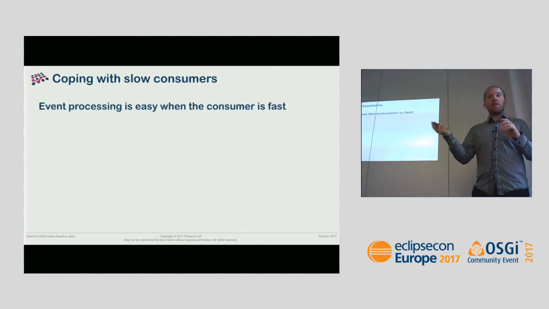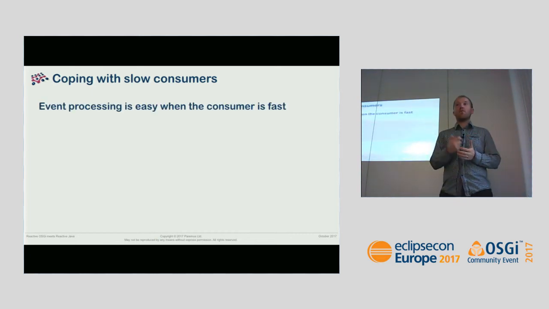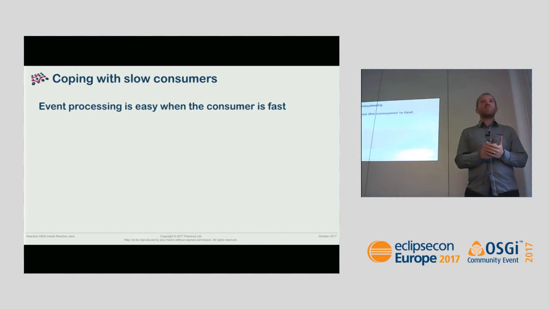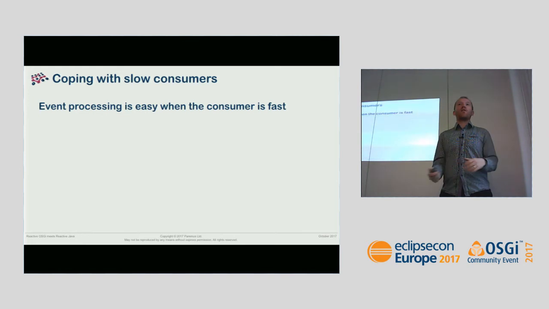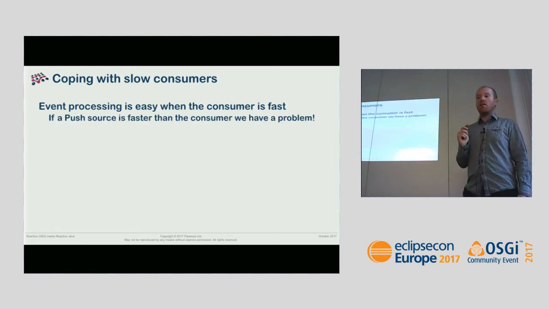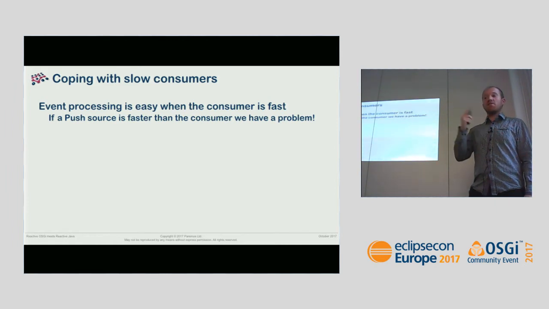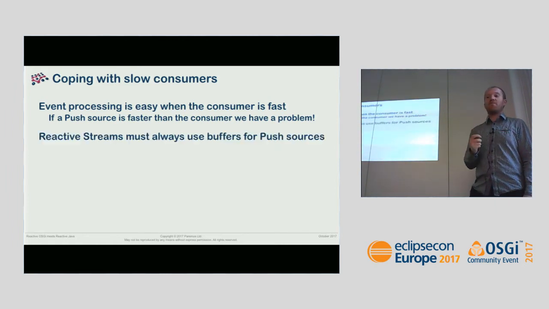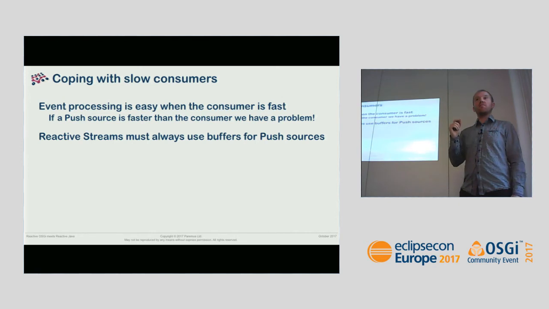So when your event consumer is fast, like it was in my examples, it's really easy to process data because you just process it really, really fast and you never get overwhelmed because you're much faster than the rate of event production. But if your source is faster than your consumer, you have a problem. And this is why you need buffering.